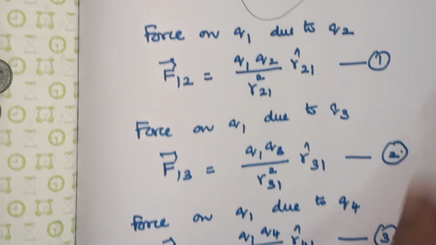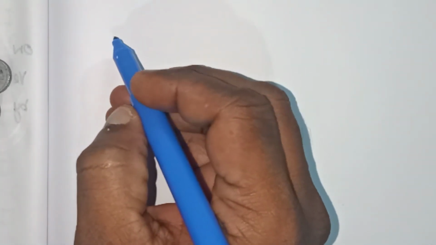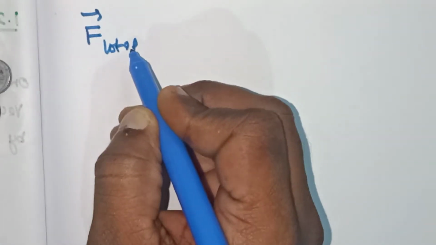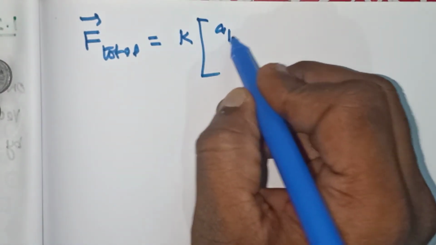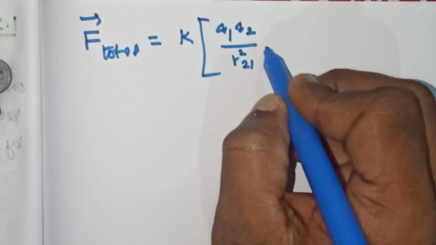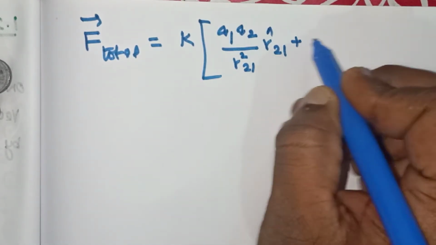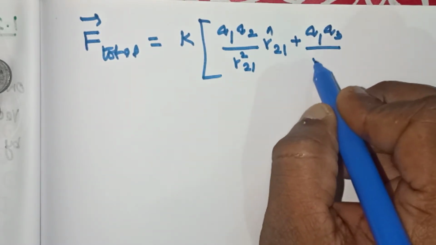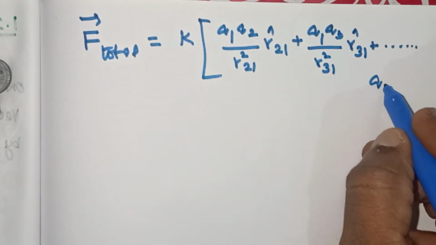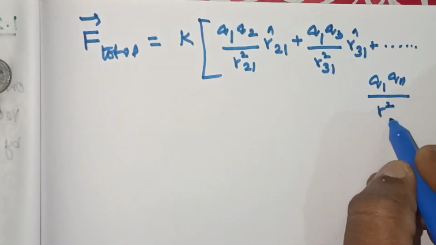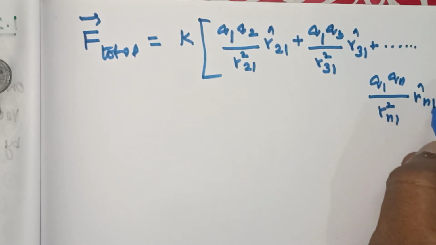So we can write F total equals, taking K common, Q1 Q2 by R square 21 R cap 21 plus Q1 Q3 divided by R square 31 R cap 31 plus etc. Q1 Qn divided by R square n1 R cap n1.